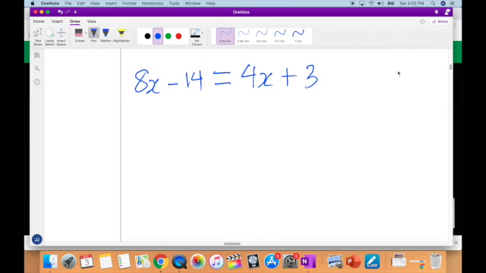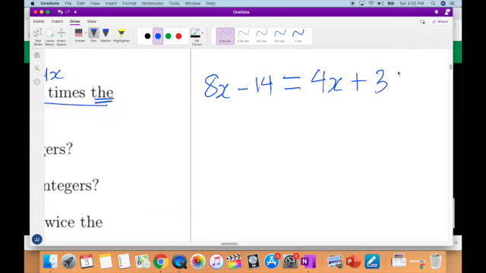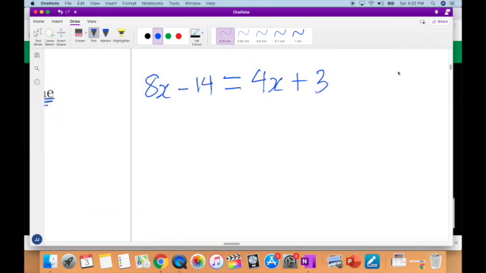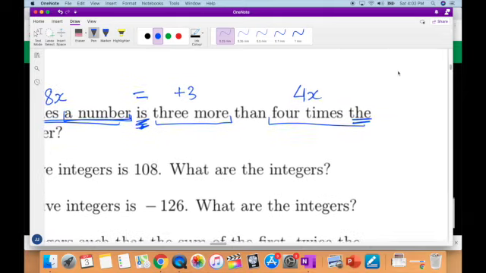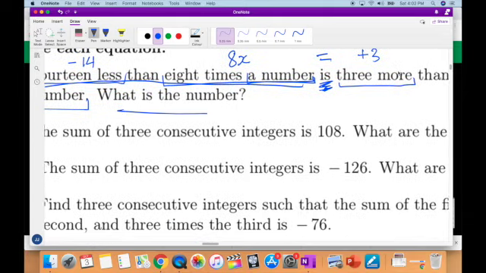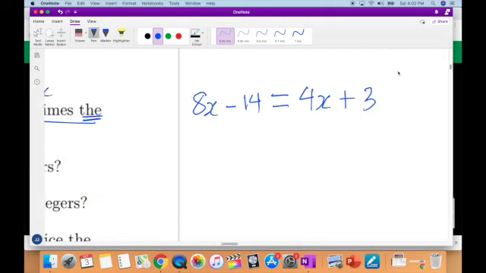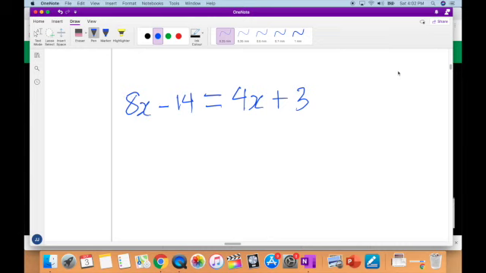Yeah, somewhat. Somewhat? Well, what did you do different? I just didn't put the x by 8 as a mistake. You didn't put the x by the 8. Where did you put the x? I just had 1x in the whole equation. 1x through the whole equation. So we'll read out your equation for that. 8 minus 14 equals 4x plus 3.